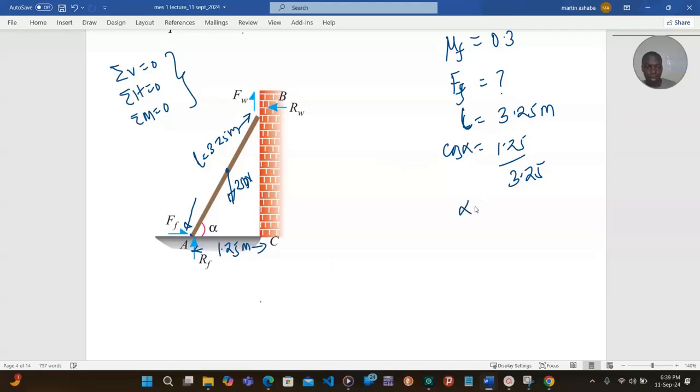So alpha is equal to cos arc of 1.25 divided by 3.25, and alpha is equal to 67.38 degrees. So that is one.